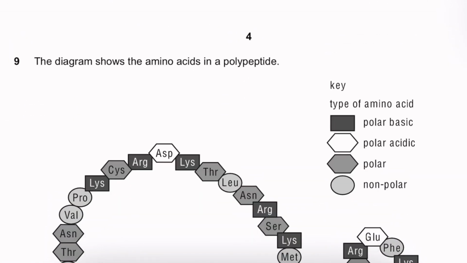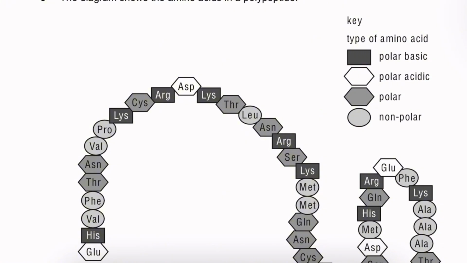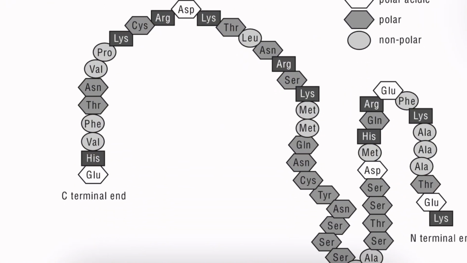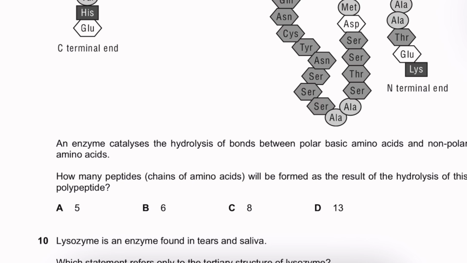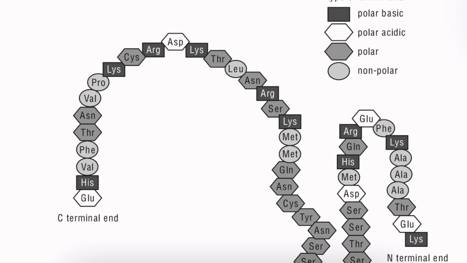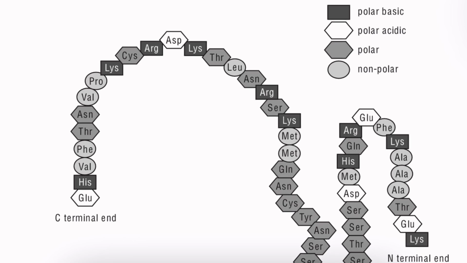Okay, moving on, the diagram shows amino acids in a polypeptide. So you have a bunch of amino acids here, and it says an enzyme catalyzes the hydrolysis of bonds between polar basic amino acids and non-polar amino acids. Interesting. So how many chains of amino acids will be formed as a result of the hydrolysis of the polypeptide? Okay, so you have a key.